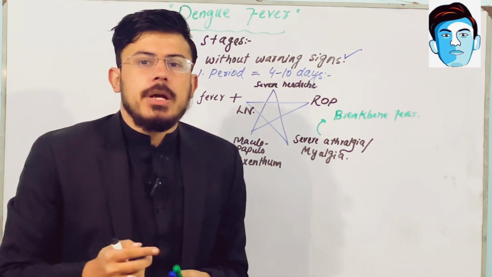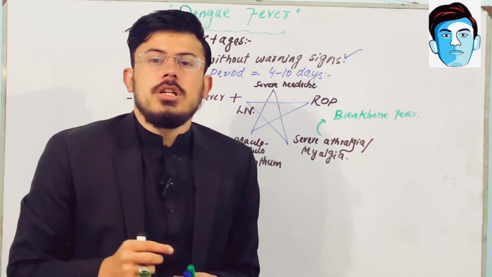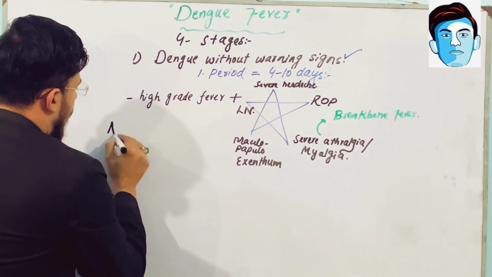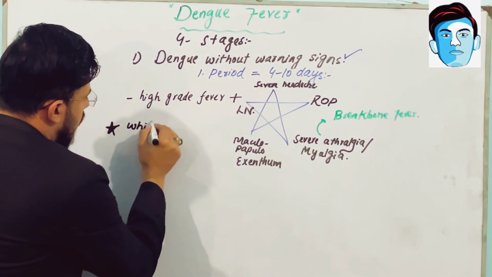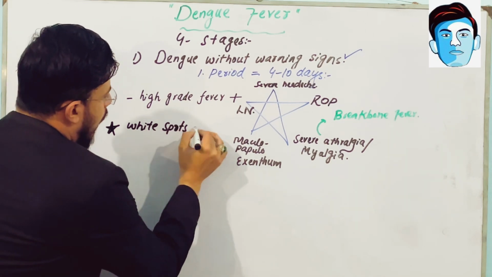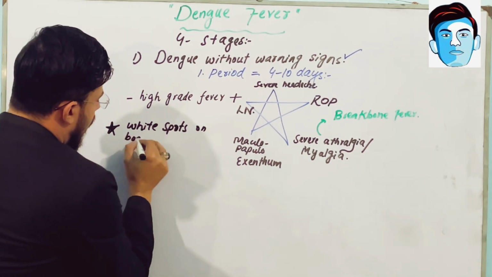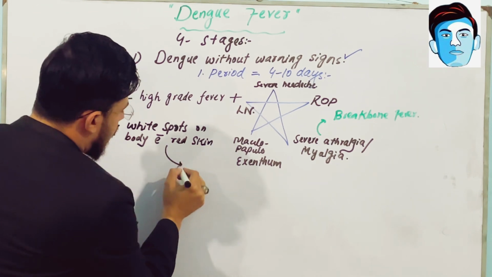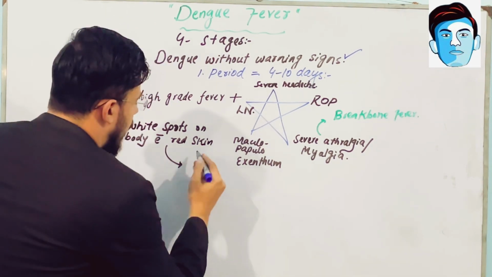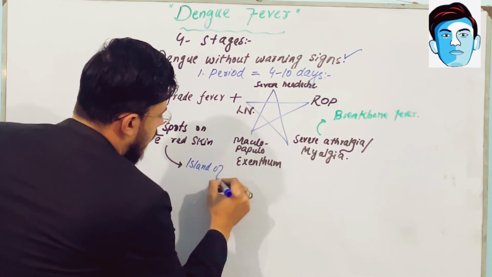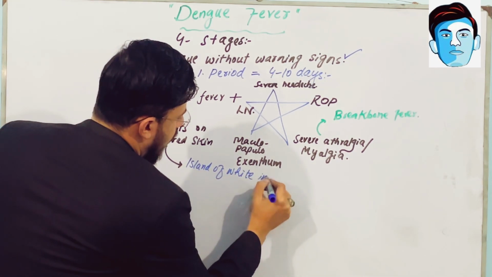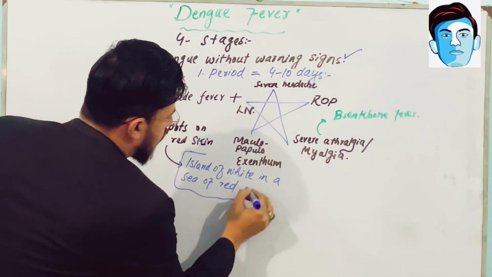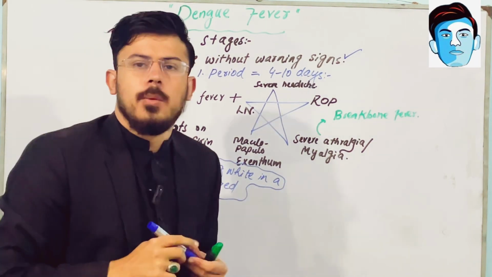Now, when the patient recovers from phase 1, these patients usually have white spots on their body along with red skin, and that is called island of white in a sea of red, and it is classically associated with pruritus.